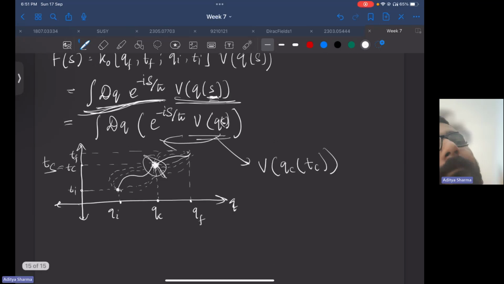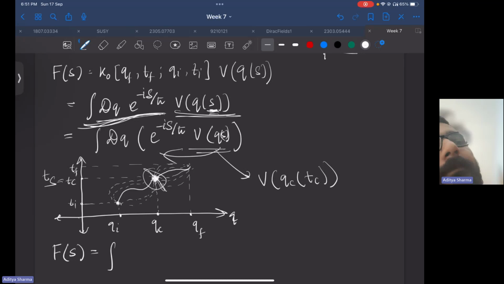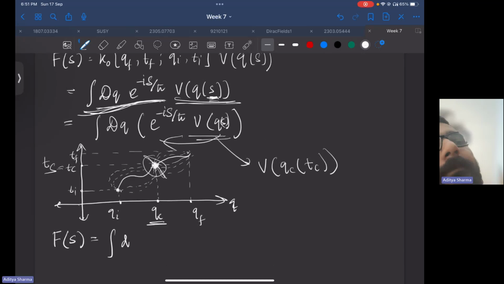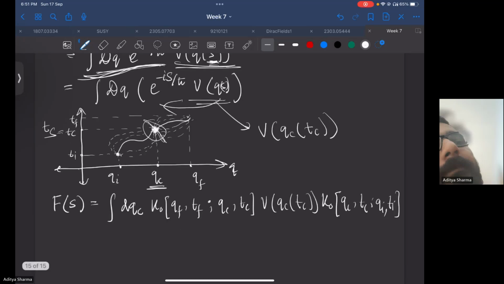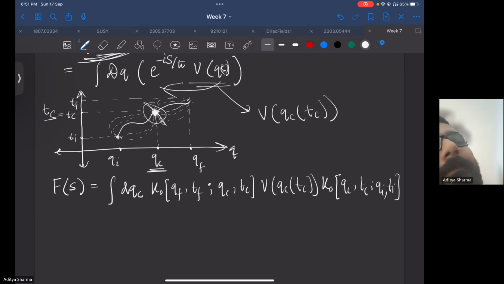Now, if I can put that inside, then f of s can be written as integral over dQc, K naught, f, Ts, Qc, V of Qc, Qc, K naught. And we'll call this as K1.